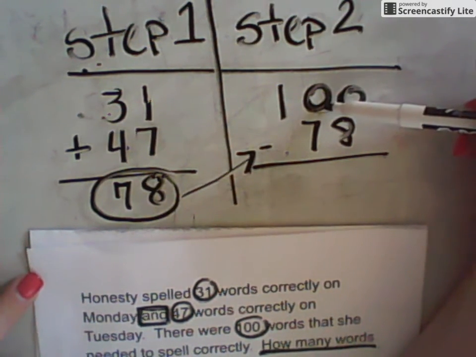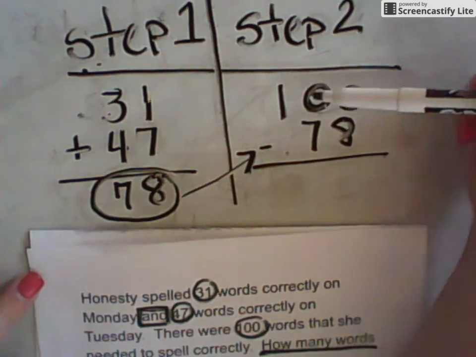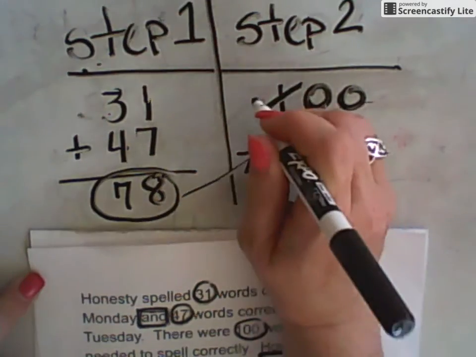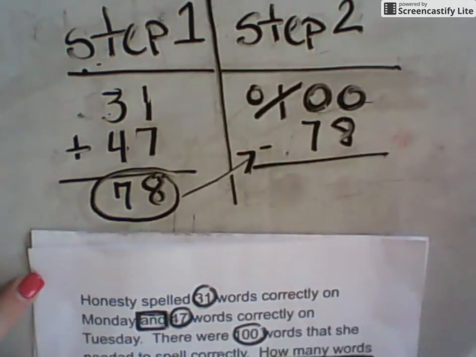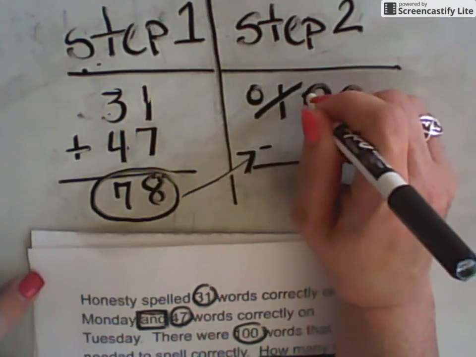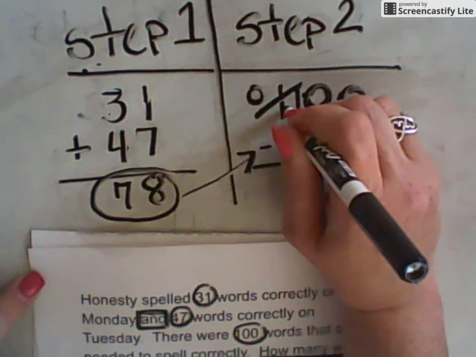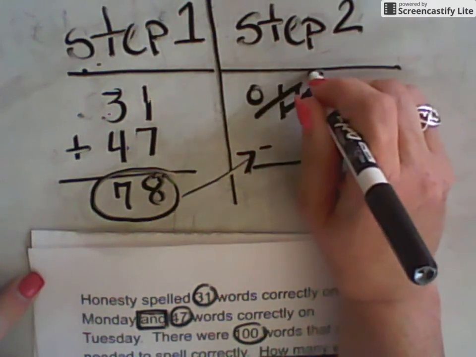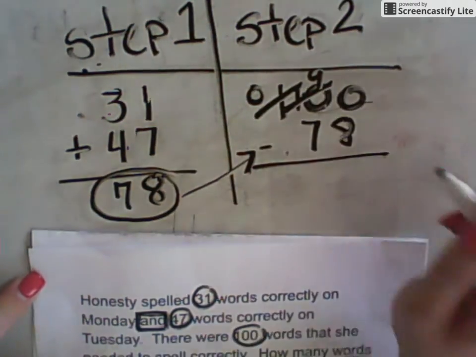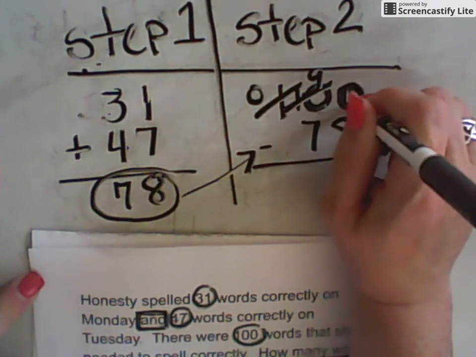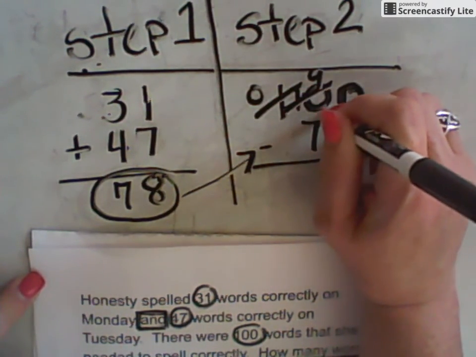I went to the tens column. It doesn't have anything either. I have to move all the way to the hundreds column to start my regrouping. I'm going to cross out the 1, make it a 0. This 0 became a 10. I cross out the 10 to make it a 9 because I need to regroup all the way back to this ones column.